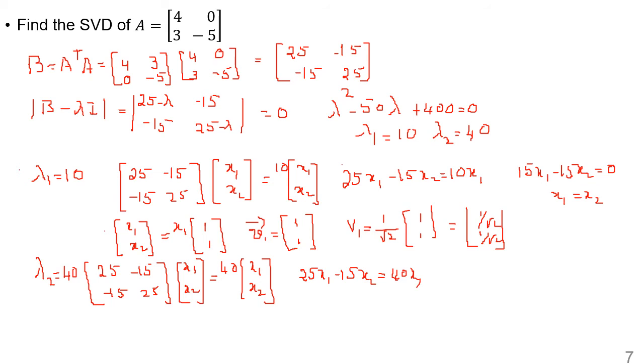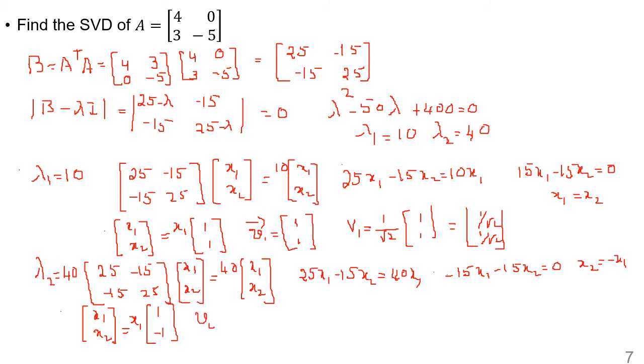That gives us minus 15x1 minus 15x2 is equal to 0. Therefore, x2 is equal to minus x1. So we can write x1, x2 is equal to x1 times 1, minus 1.